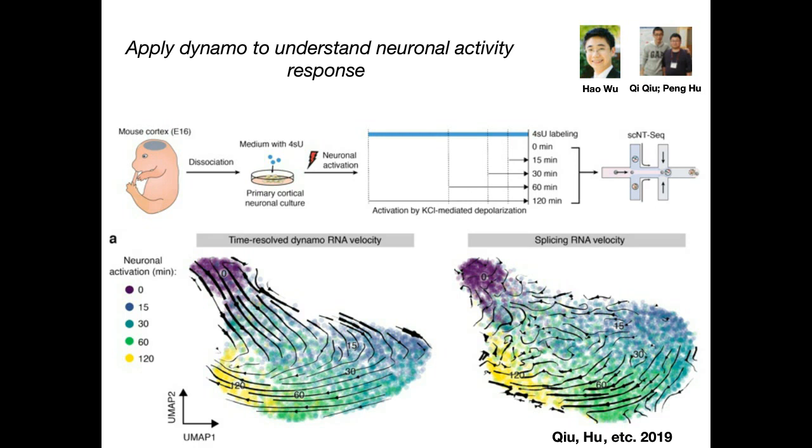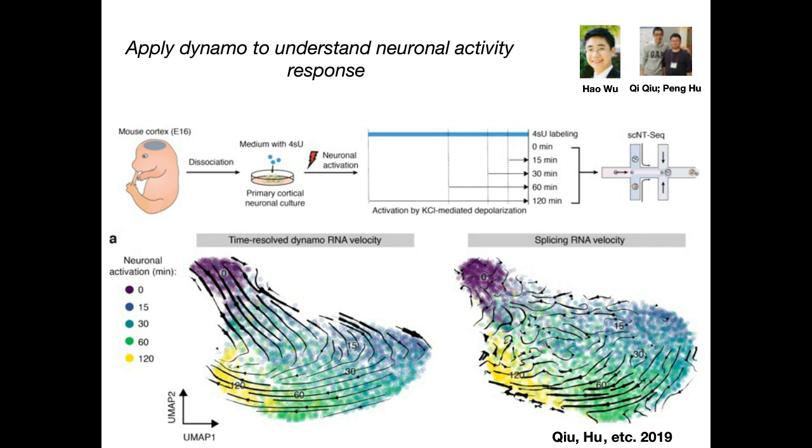For the second stage, the cells go backward, but they still follow the time progression from 15 minutes to 30 to 60 to 120. We also see that the first stage has very strong velocity, indicated by the thickness of the stream.